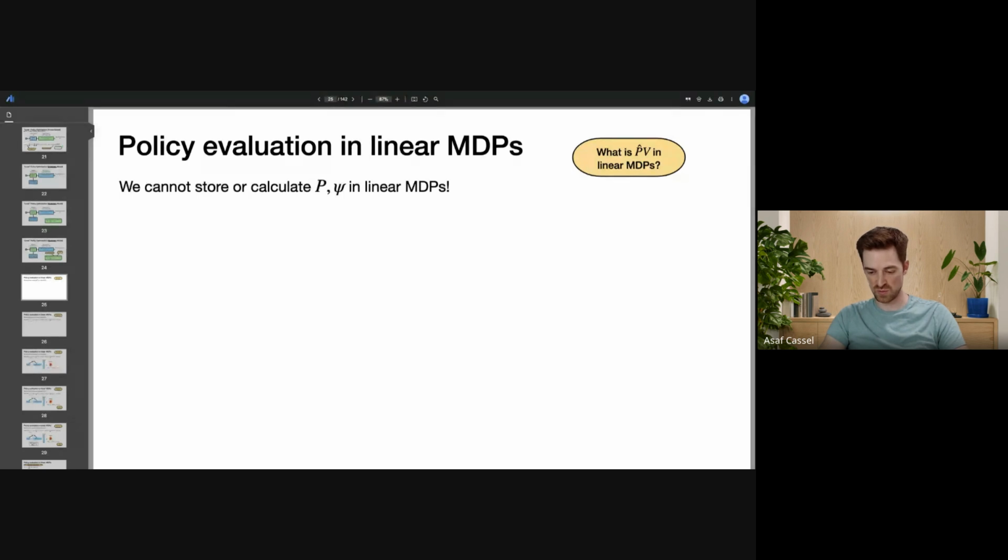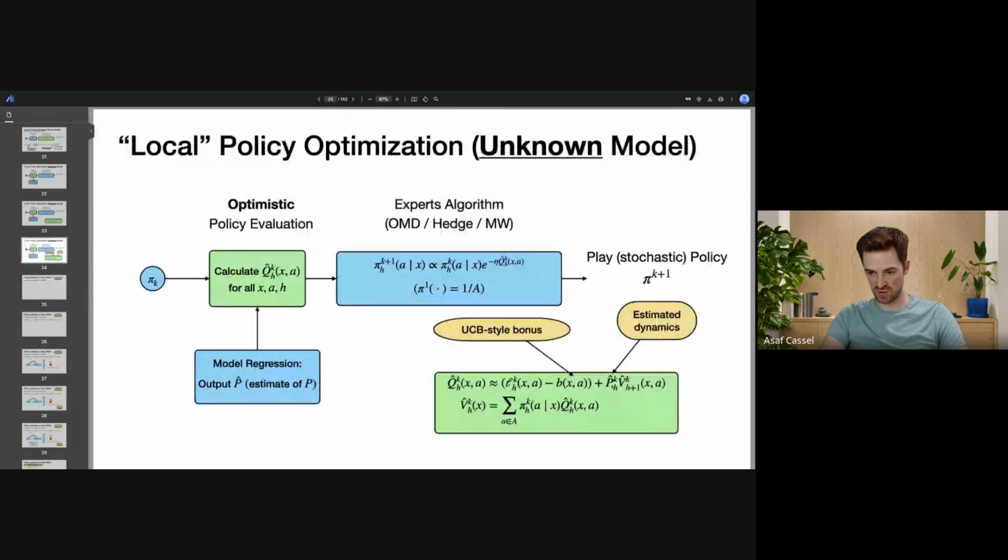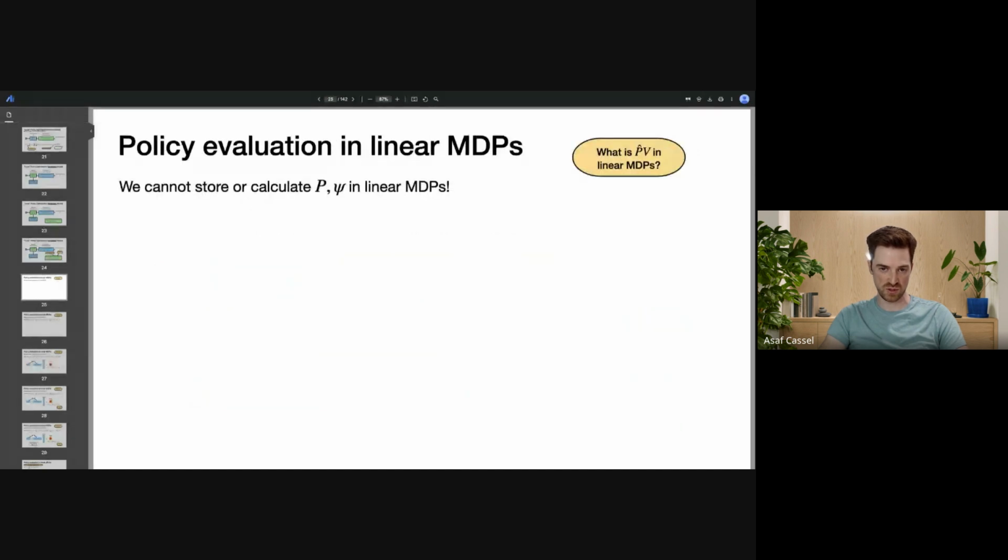However, we still need to explain exactly how you do the value backups. Okay, so I was just saying here, you have to estimate p hat and v hat, and you need to calculate this. The tabular case is pretty straightforward, but the question is, how do you do it in the case of linear MDPs? So it's pretty well known that in linear MDPs, P and psi are actually the size of the state space and the action space, and they're too large to actually hold in memory or calculate.